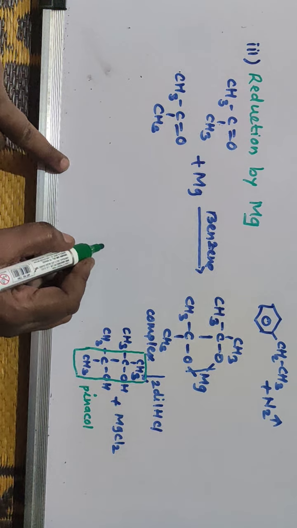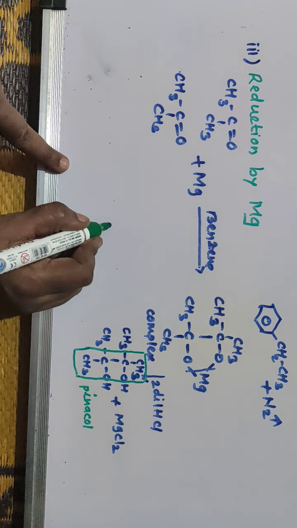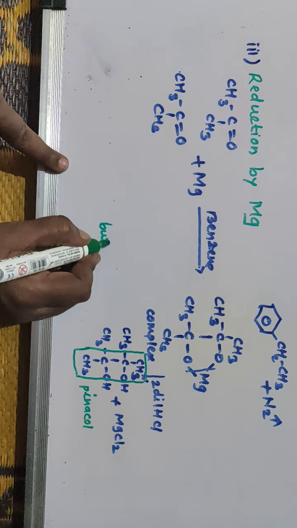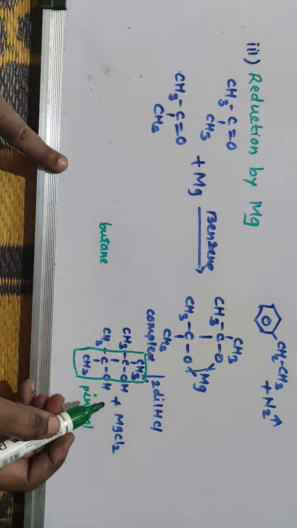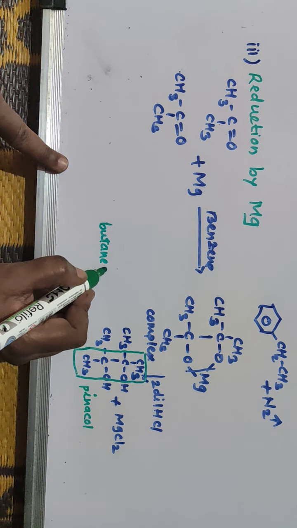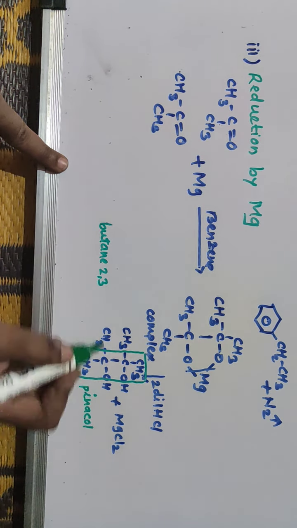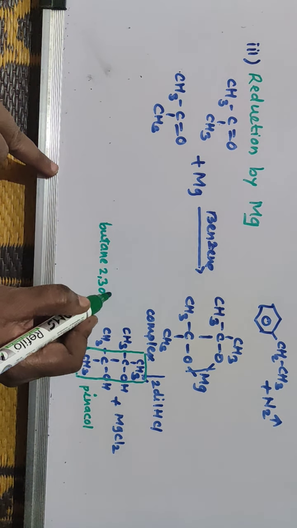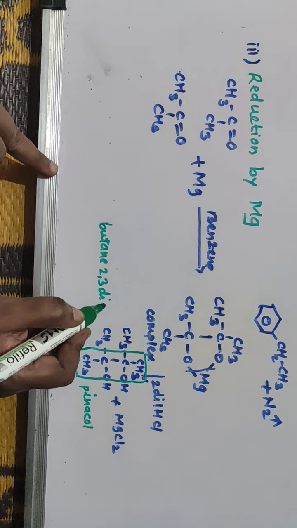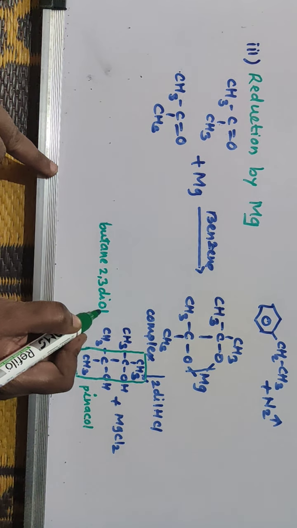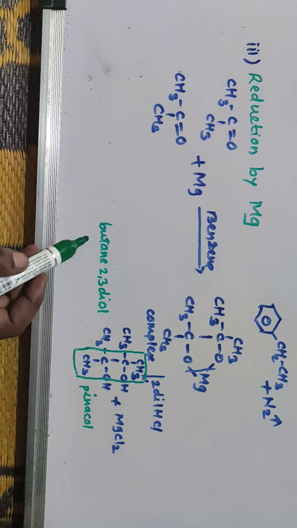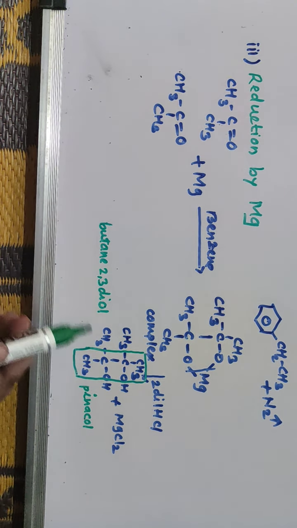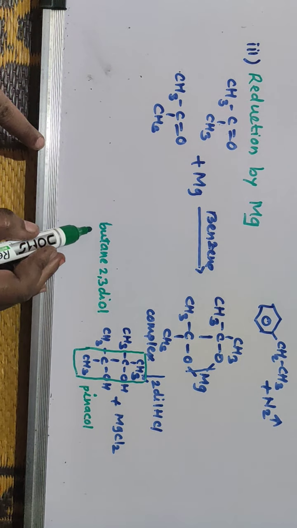So your main product is, I'll write here the name, butane. Then 2 hydroxyl groups are there. That means it is a di, and e gets changed to ol wherever there is a hydroxyl group. So it is butane-2,3-diol. As two hydroxyl groups are present, the e of the corresponding alkane gets retained here. So this is your main compound.